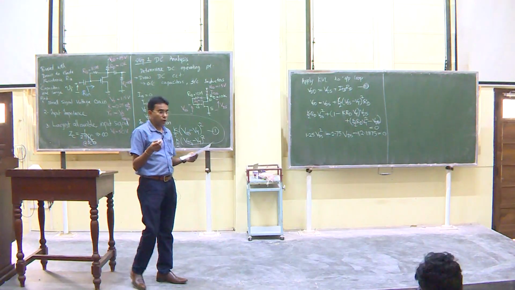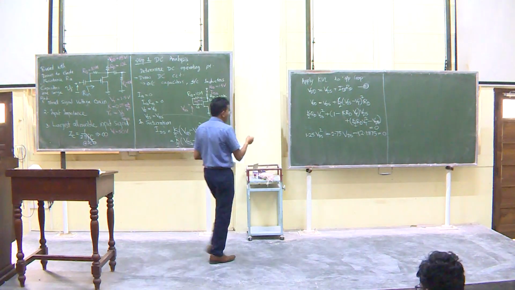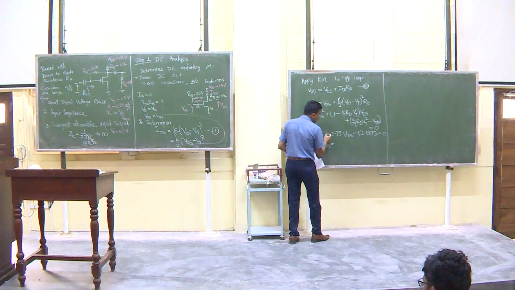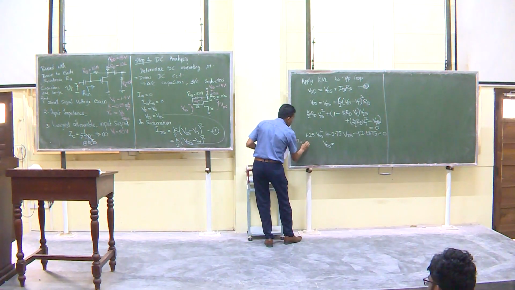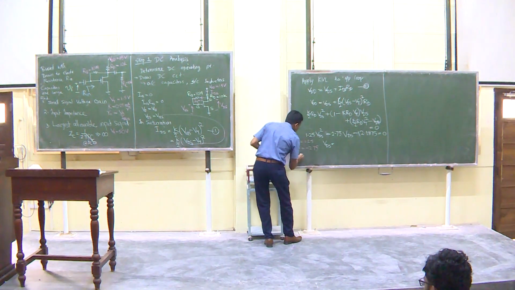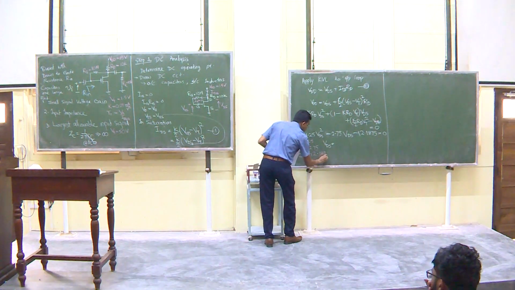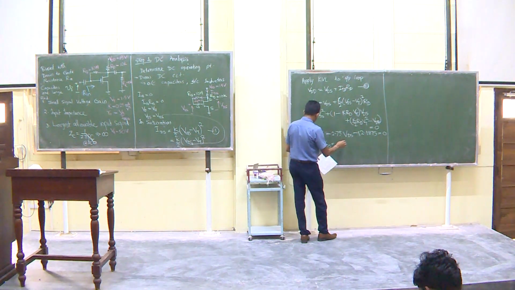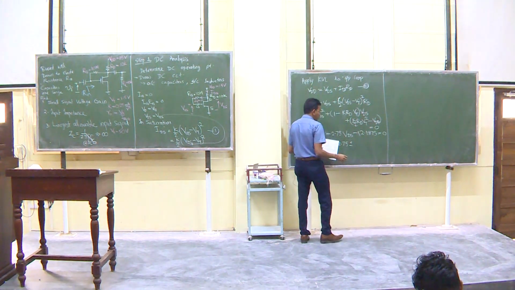Now our aim is to find VDS and IDS, the operating point. So, VDS should be equal to minus B plus or minus the square root of B squared minus 4AC, divided by 2A. Here A is 1.25, B is minus 2.75, C is minus 12.1875, right. So, minus B is 2.75 plus or minus the square root.